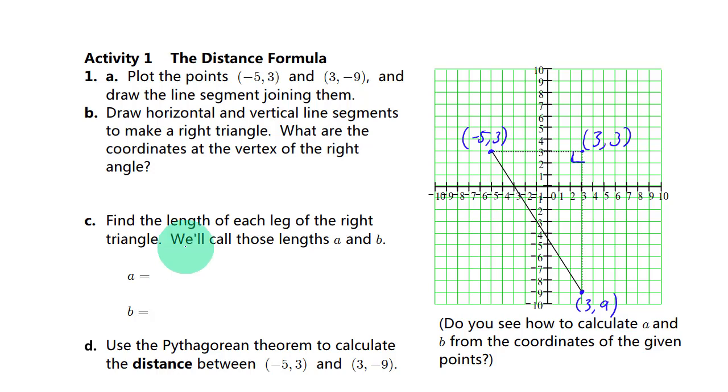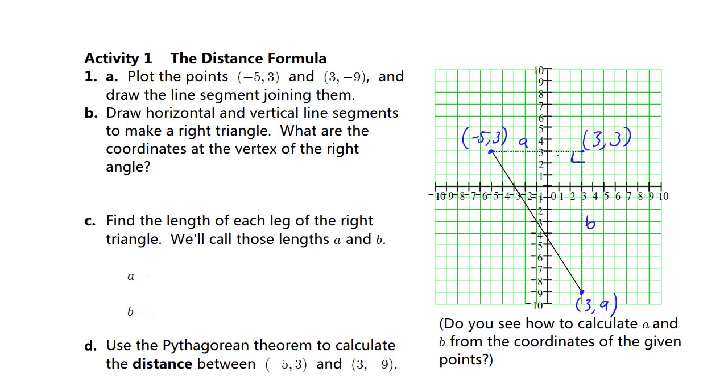So let's find the length of each leg. We'll call those legs A and B. So let's say the horizontal one here is A, and this one is B, the vertical one. If you want to find A, how would you find that length? Well, you could just count like 1, 2, 3, 4, 5, and then 1, 2, 3 more.